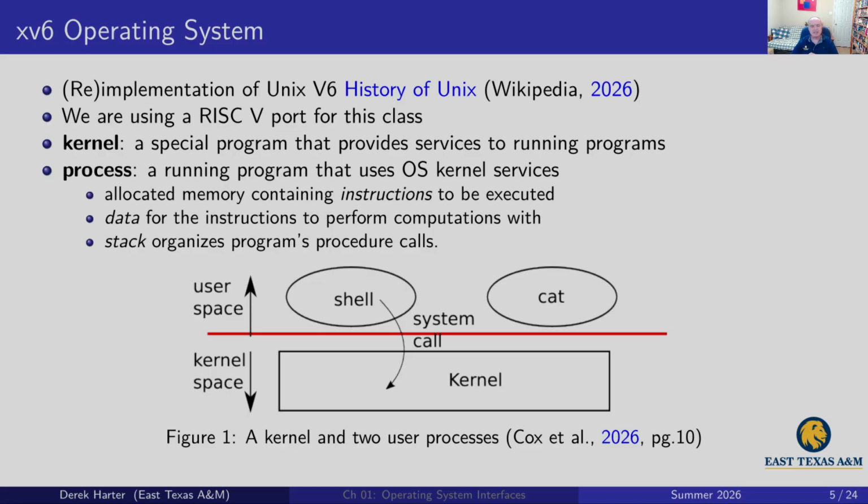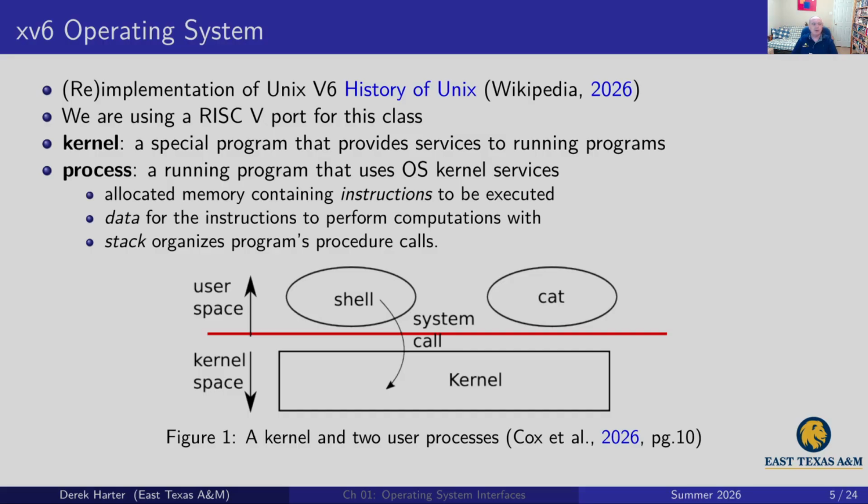My understanding is that it doesn't have any of the original source code, so it's a re-implementation, and it pretty much implements the full system call API, maybe not 100%, but a lot of the API that had been defined in version 6 of Unix. We're using a RISC-V port of this, so I think they originally did xv6 on x86. RISC-V is an interesting hardware architecture.